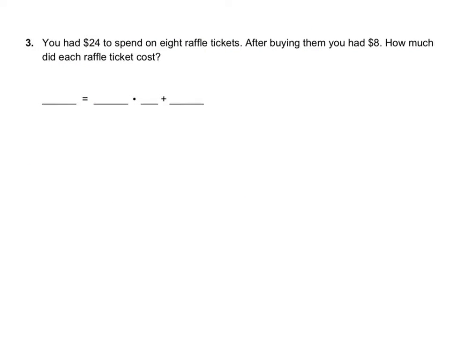Example number 3 says that you had $24 to spend on 8 raffle tickets. So you had $24, 8 raffle tickets. After buying them, you had $8 left over. How much did each raffle ticket cost?